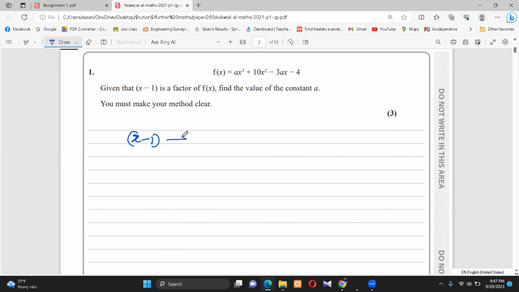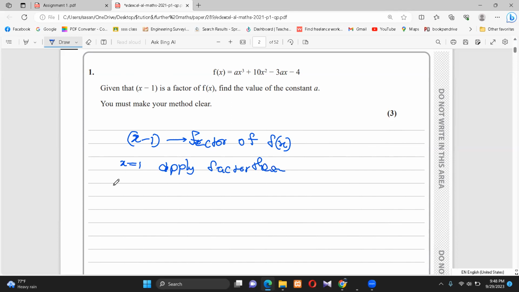When x minus 1 is a factor of f(x), then we can apply the factor theorem with x equals 1.